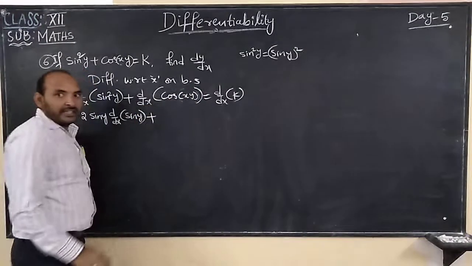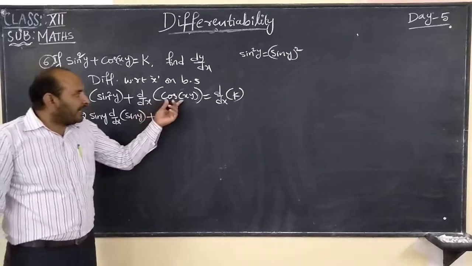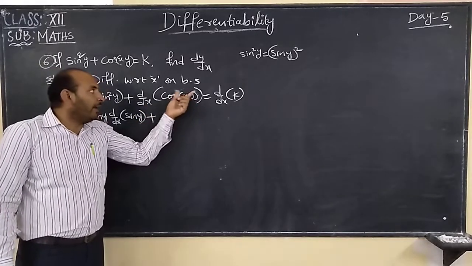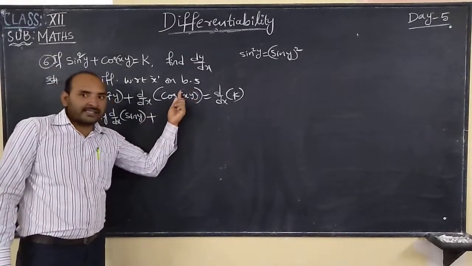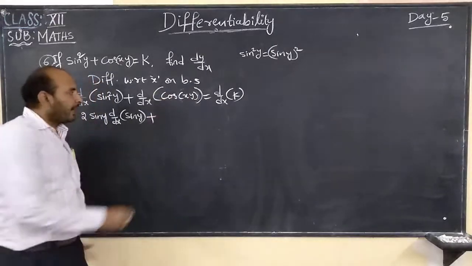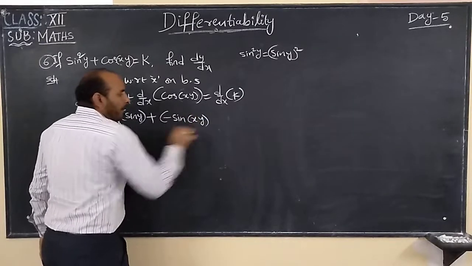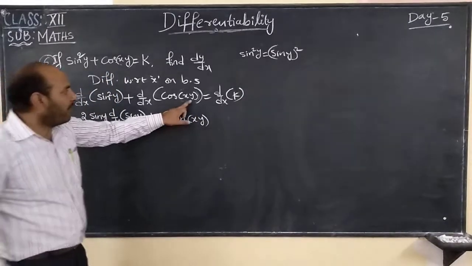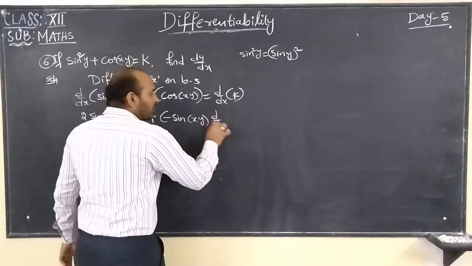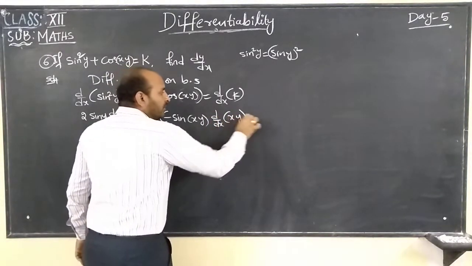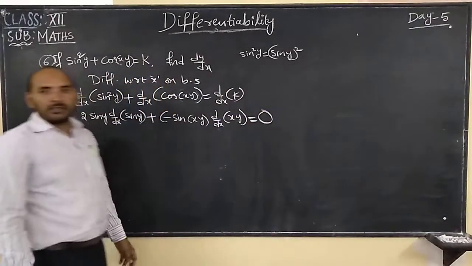Observe the chain rule with respect to x, here giving cos of xy. Derivative of cos x, consider this is x, is minus sine of xy, and inner function d by dx of xy, which is equal to derivative of constant, 0.